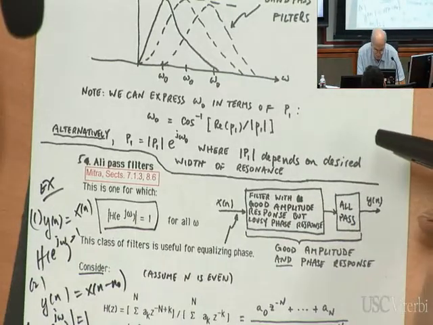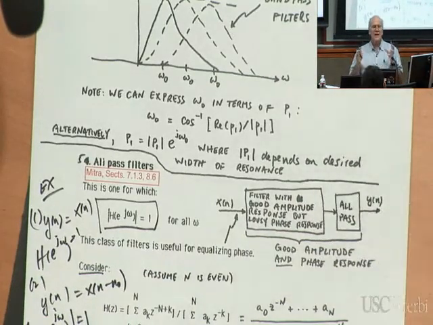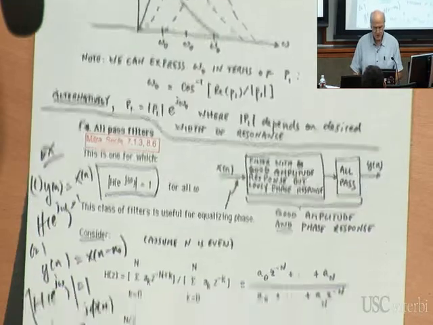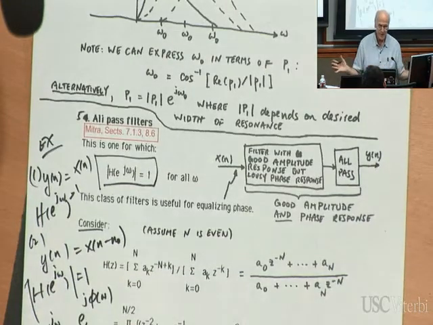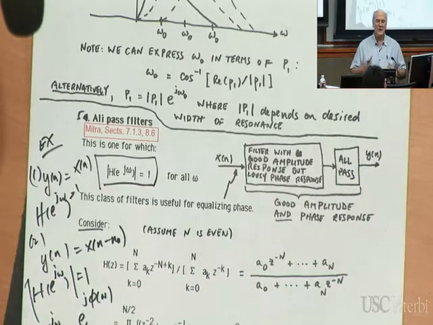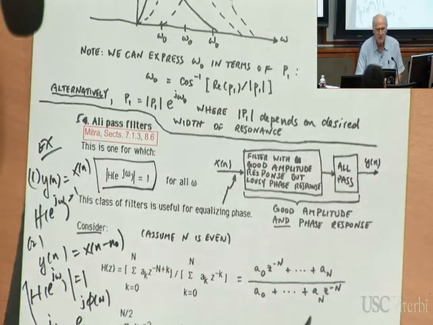Suppose you want to do a high-fidelity bandpass filter, which has a huge dynamic range. So you really want to get rid of everything outside of the signal that you want to accentuate. You want to get rid of it by 100 dB or some large number.